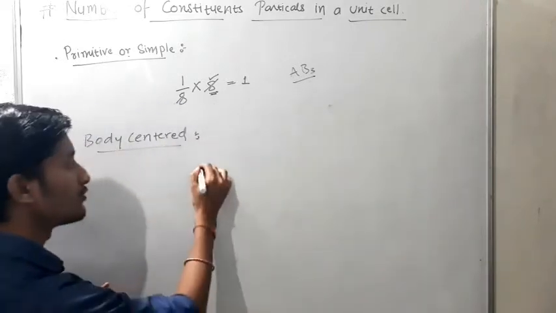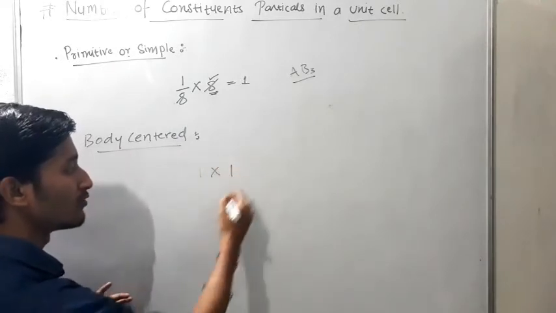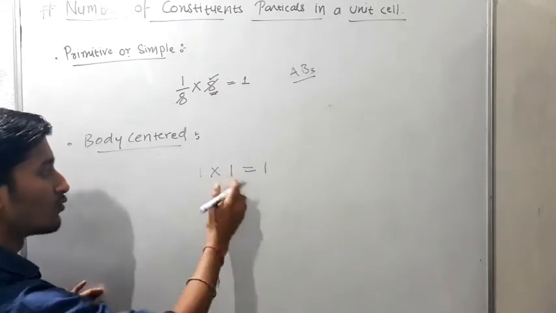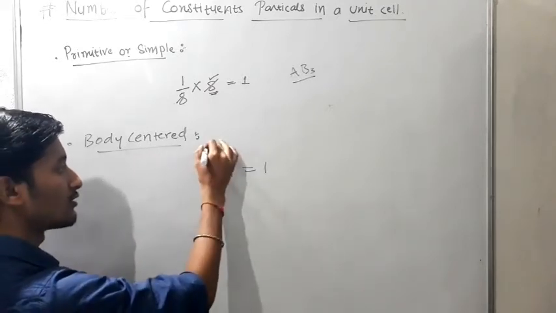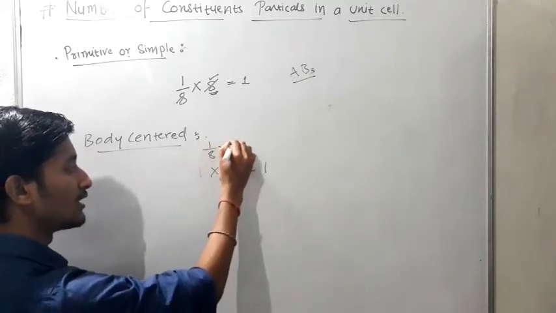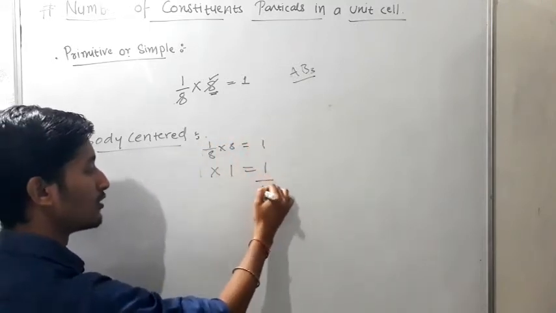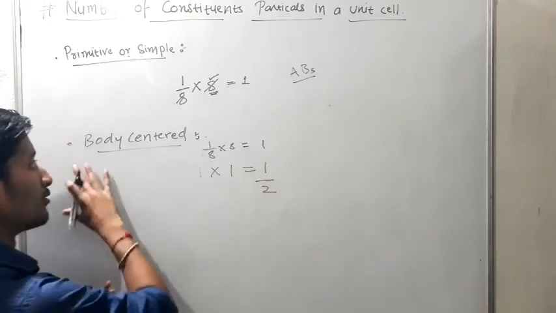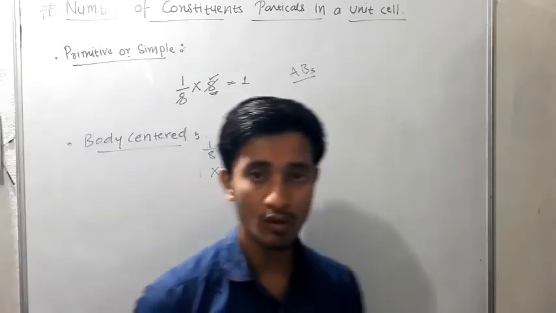So contribution is 1 and number of atom is 1. So the contribution of the body center is 1 and the corner contribution is 1/8 into 8 equal to 1. The total contribution is 2. So number of constituent particles in body centered is 2.